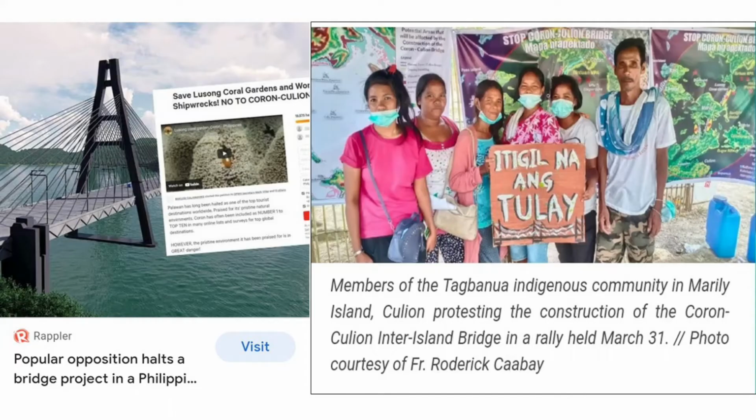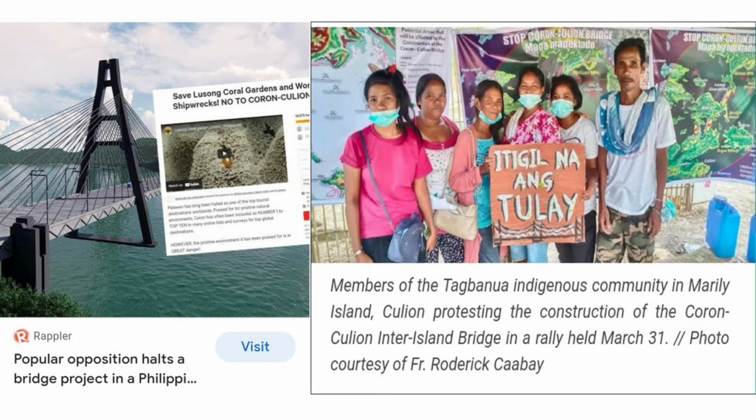Now in the Philippines, lately the Philippine government has also suspended work on a bridge that would connect the islands of Coron and Culion in the Coral Reach region of Palawan. Have you heard of that issue? The suspension of the construction of the bridge that would connect the islands of Coron and Culion.